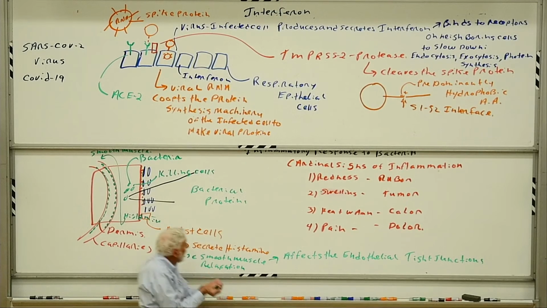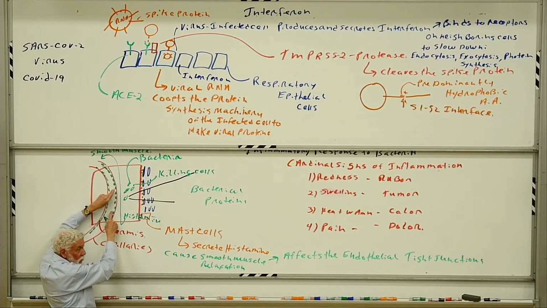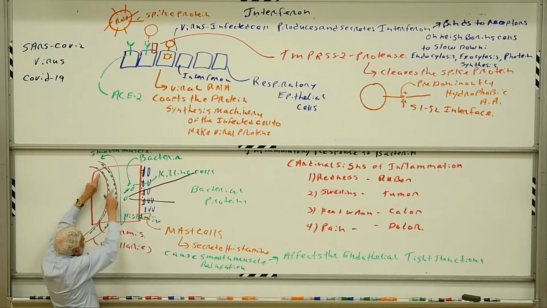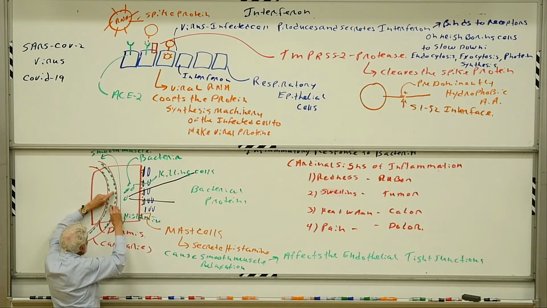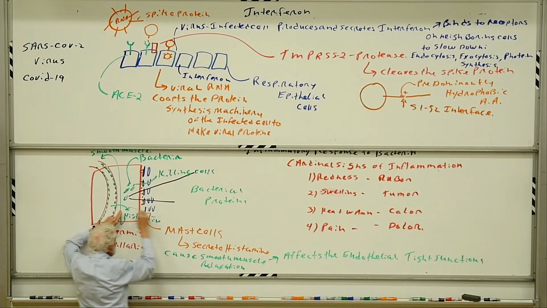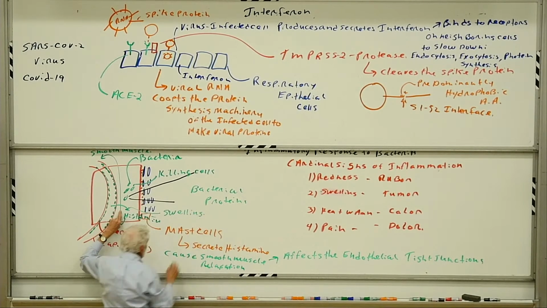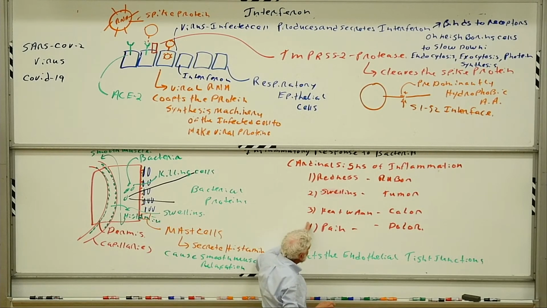So by releasing the tight junctions on the endothelial cells, you make bigger openings. You now have more flow through this area, and there's less resistance to the movement of fluid from the blood vascular compartment out into the extracellular space, so now we get swelling. So we've accounted for these three.